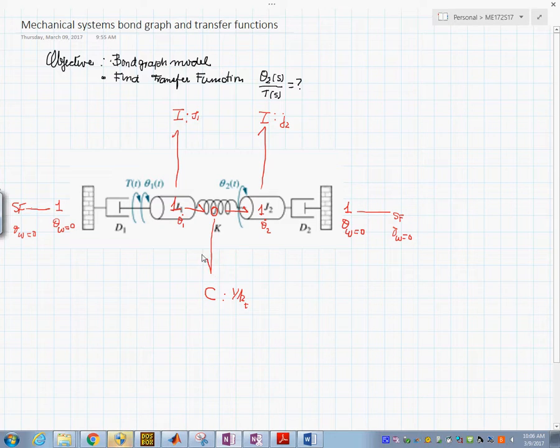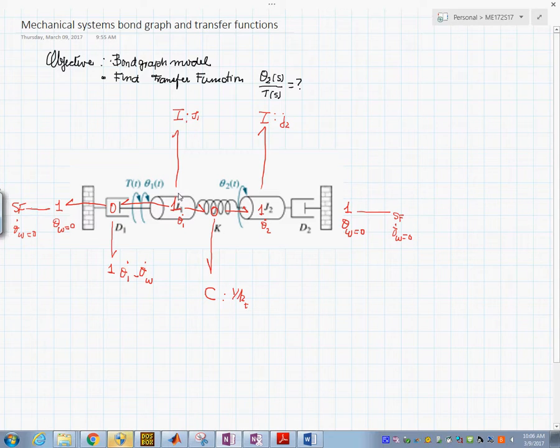And this element sees the difference between this and the wall. So here we also use a 0 junction, and we connect this with this, and that is going to be theta 1 dot minus theta dot of the wall. That is the angular velocity here.